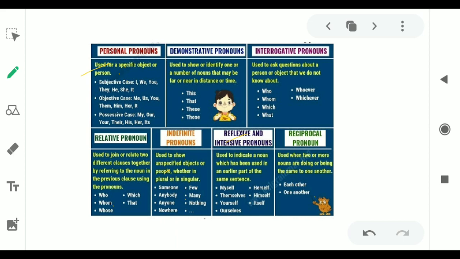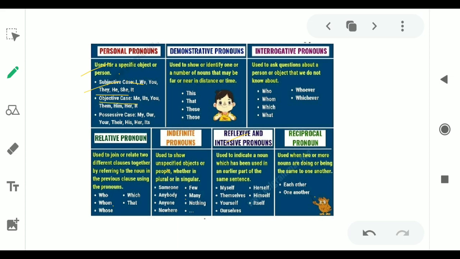In subjective case or nominative case, I, we, you, they, he, she, it are known as personal pronouns. I, we are known as first person pronouns, you is known as second person pronoun, and he, she, it, they are known as third person pronouns.